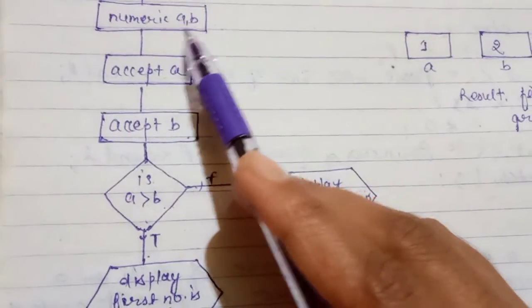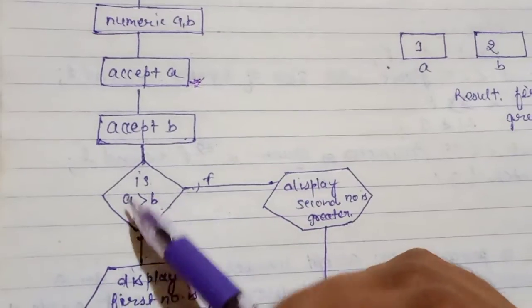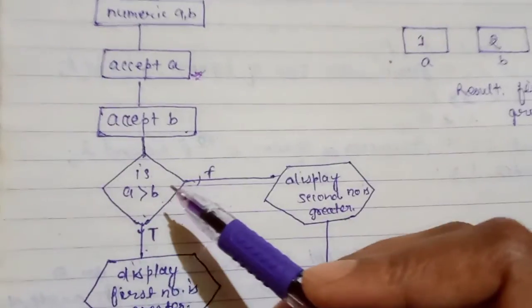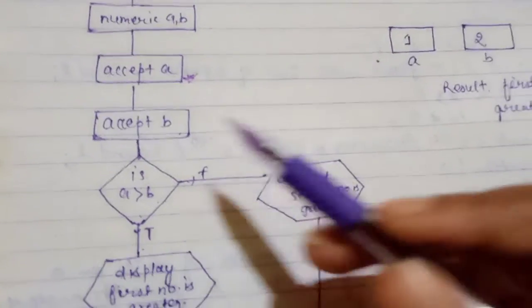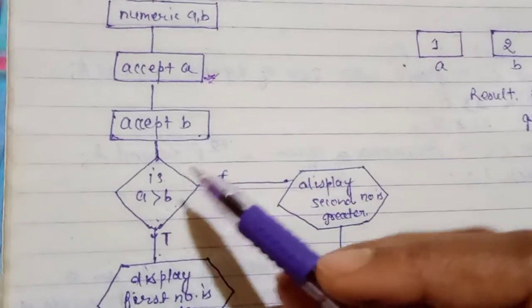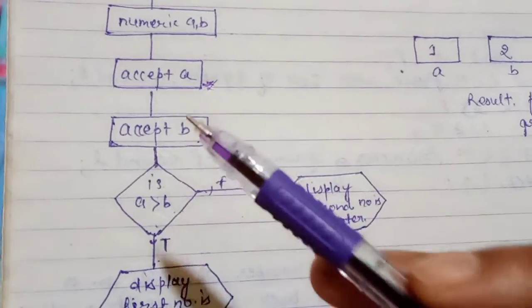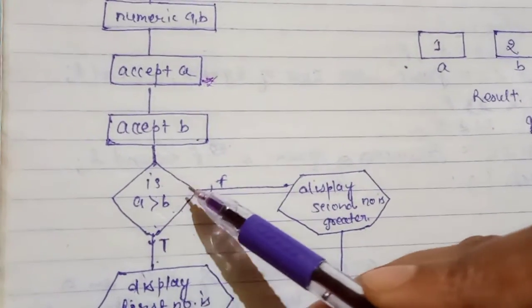Because you have two numbers, two conditions will arise, or if there are three numbers, then three conditions will arise. Here there are two variables, so we have two conditions.